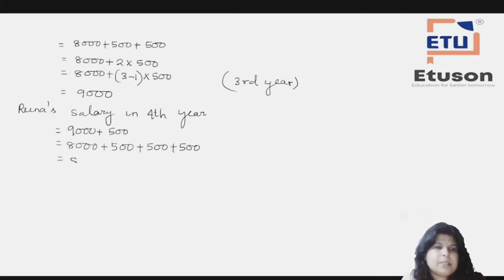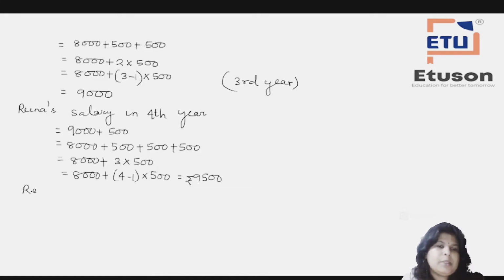Correct. So that is equal to 8,000 plus 3 into 500, and that is equal to 8,000 plus 4 minus 1, into 500. Right? And the answer is 9,500. So there is a reason for expressing all this in terms of this. I will tell you afterwards.